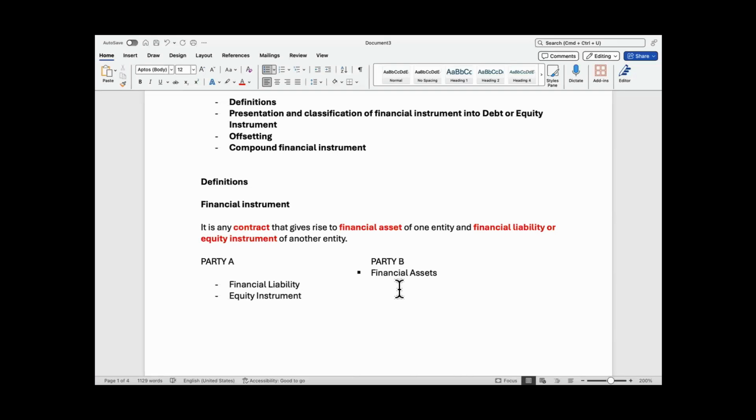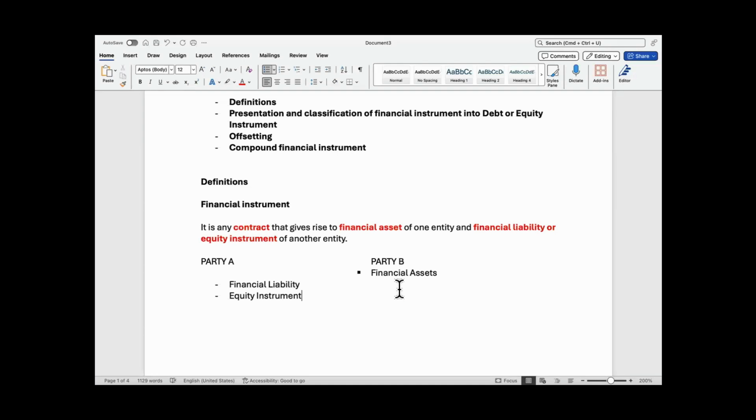And from the introduction I gave you, I told you that financial instrument is either equity instruments or debt instrument. Let me take debt instrument for example. A typical example from what I taught you, I told you that debt instrument is used to raise money, especially when you want to borrow money.